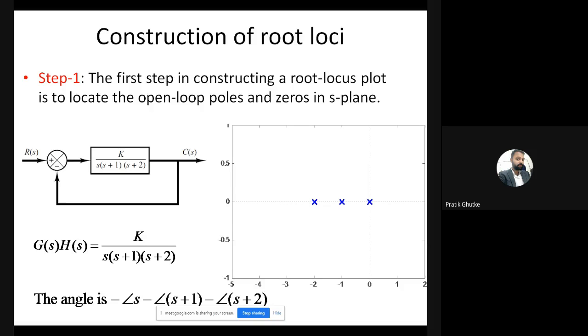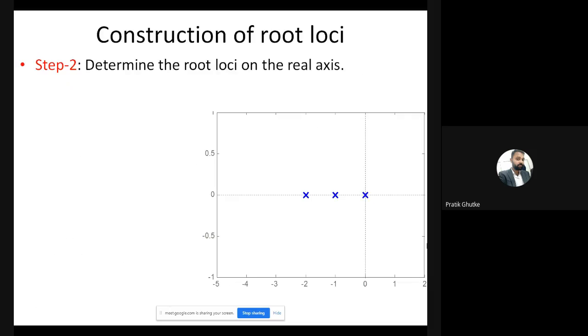In this case, there are no zeros, that's why I have not taken the angle of zeros. Only for the poles at 0, s plus 1 and s plus 2 have I taken the angle condition.